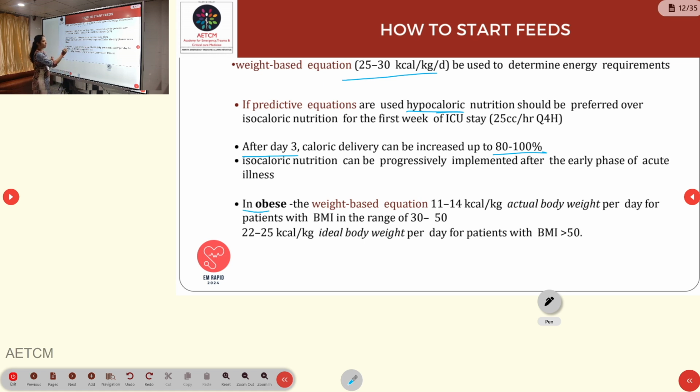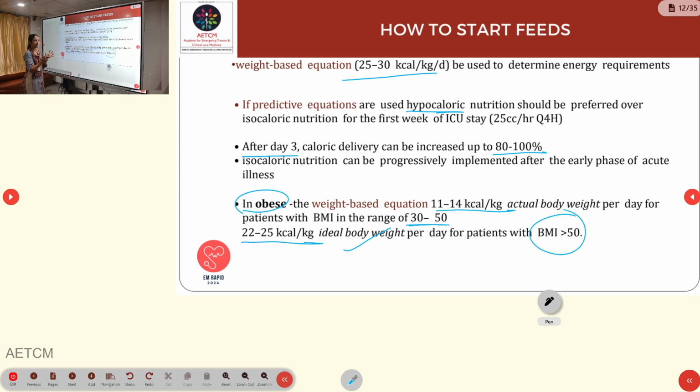And in case of an obese patient, a weight based calculation can be used, or we can use the actual body weight. If you are using actual body weight, we can give 11 to 14 kilocalories per kg of actual body weight per day for patients with a BMI ranging from 30 to 50, or we can use 22 to 25 kilocalories per kg of ideal body weight for patients with BMI more than 50.